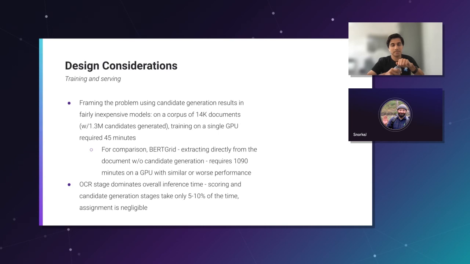Your last slide does such a great job of summarizing a lot of the things we've learned over the last few months with our work internally. If you can generate candidates for the task and get 100% recall, that's absolutely the way to go, for various reasons, like significantly improving training time.